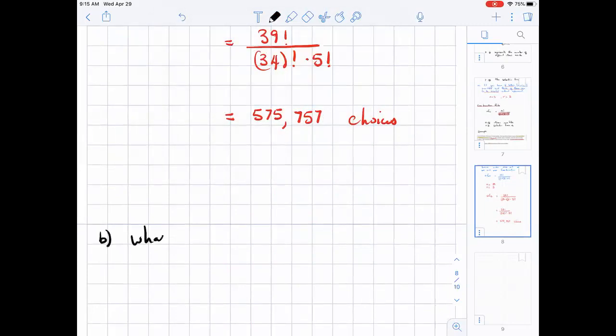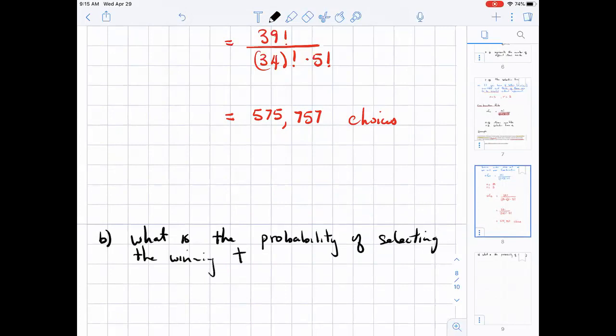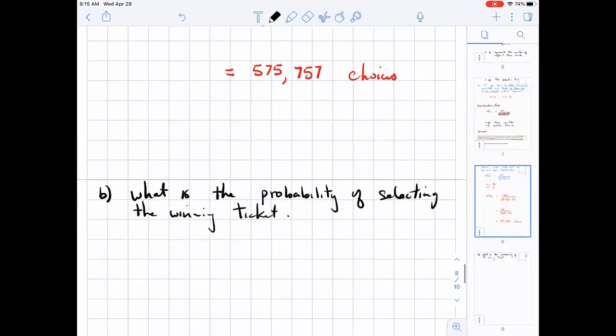What is the probability of selecting the winning ticket? We know that the total number of choices is 575,757, but there is only one winning ticket.